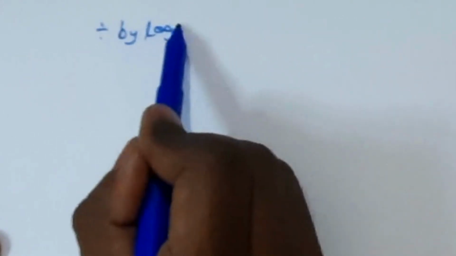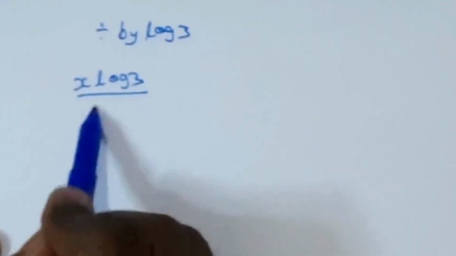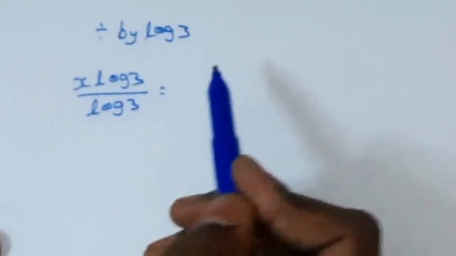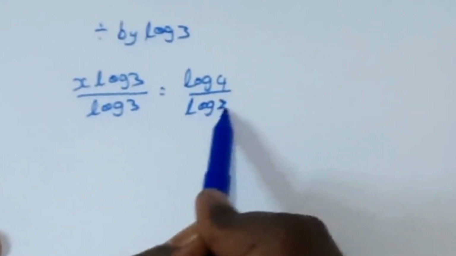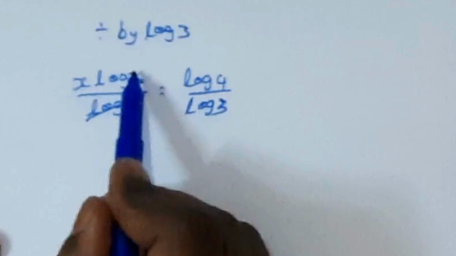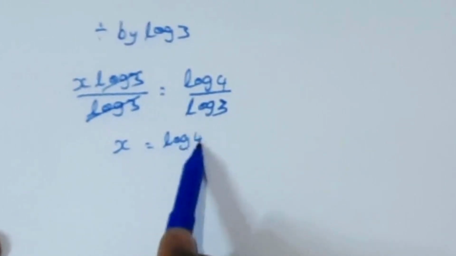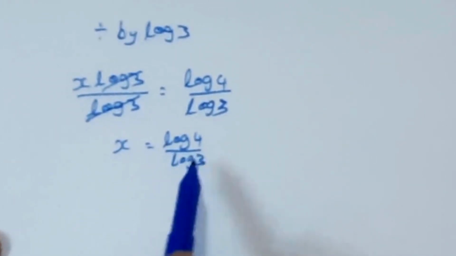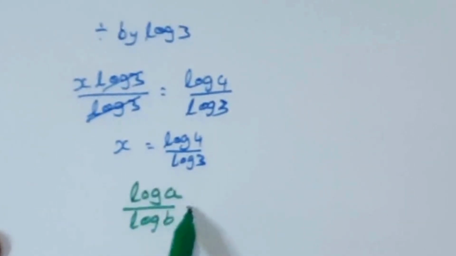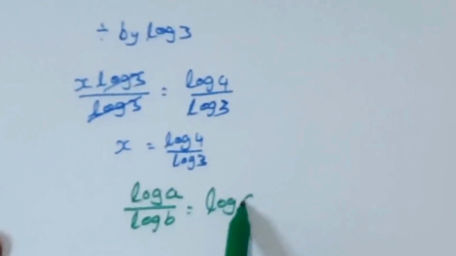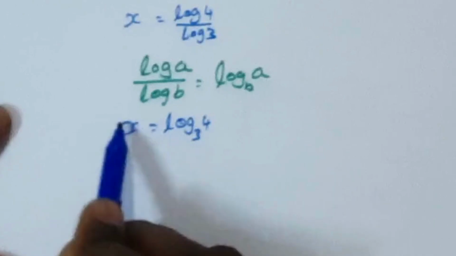Dividing by log 3, x log 3 by log 3 equal to log 4 by log 3. So this log 3 cancels. So we have x equal to log 4 by log 3. Log a by log b equal to log a base b. So x equal to log 4 base 3. This is the x value.